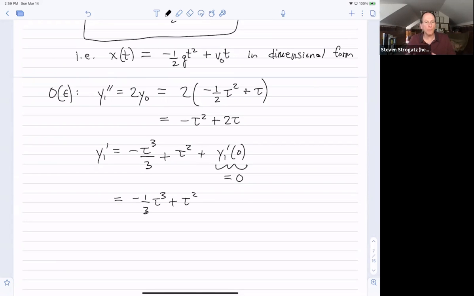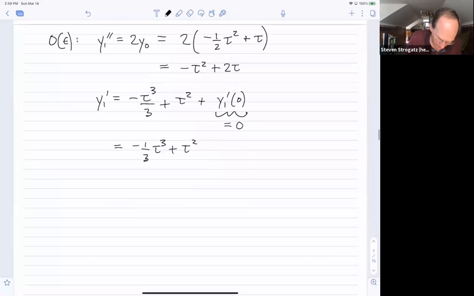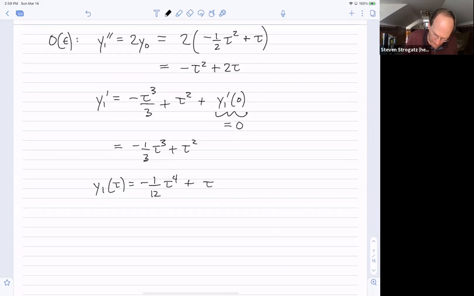Okay, now integrating that one more time, we get Y1 itself. And so that gives me Y1 of tau is, well, let's see. So integrating the tau cubed would give me tau to the 4th over 4. So it looks like I'm getting minus 1/12 tau to the 4th, and then integrating the tau squared gives me a tau cubed over 3. And then I'd have plus Y1 at time tau equals 0.